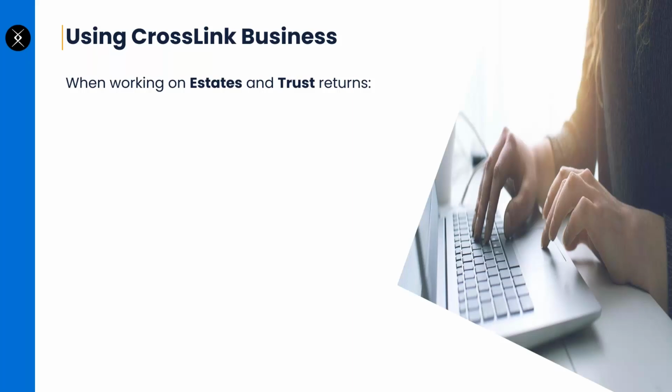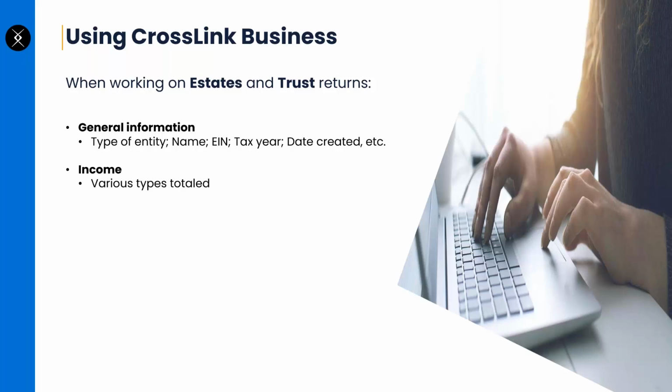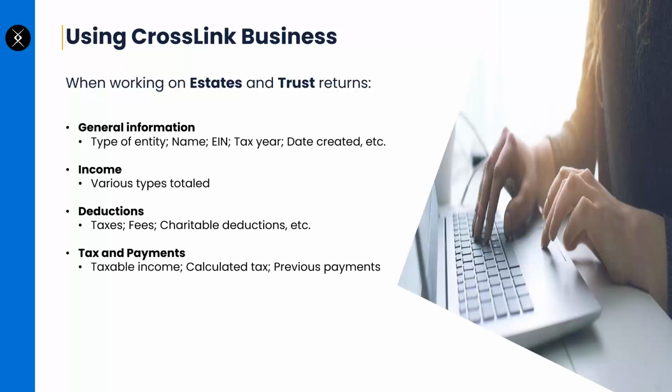As we're working through estates and trusts, and these types of returns, you still have the same client data, right? Gathering all the information. Income can be various types that would be totaled for the total income. Deductions can carry over from taxes, fees, or charitable deductions. You have tax and payments, which is taxable income, calculated tax, or previous payments.